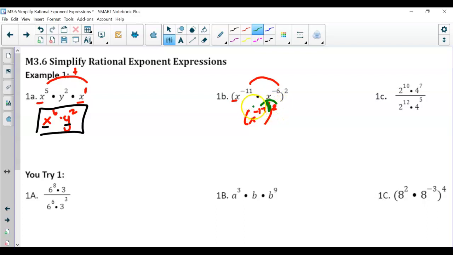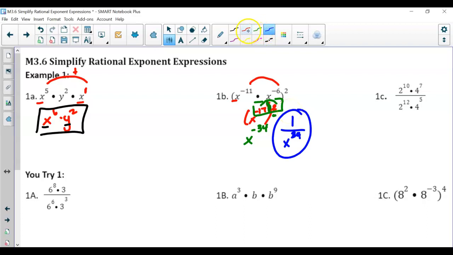So whenever we have a power to a power, parentheses, that means multiply. So negative 17 times 2 is negative 34. Then again, negative exponents, we rewrite. So we're going to flip that base here. So this is 1 over x to the 34th power.